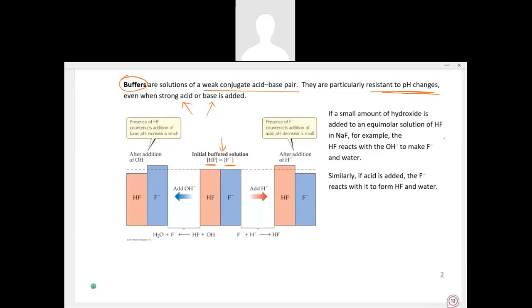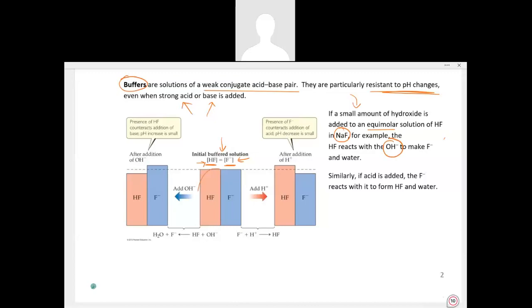We're given a scenario where a source of those fluoride ions is provided with sodium fluoride, and we have equimolar, equal concentrations per the same volume, of our HF and our F negative. Because of that, we've created this buffer system, and then we're told we react this system with hydroxide ions.